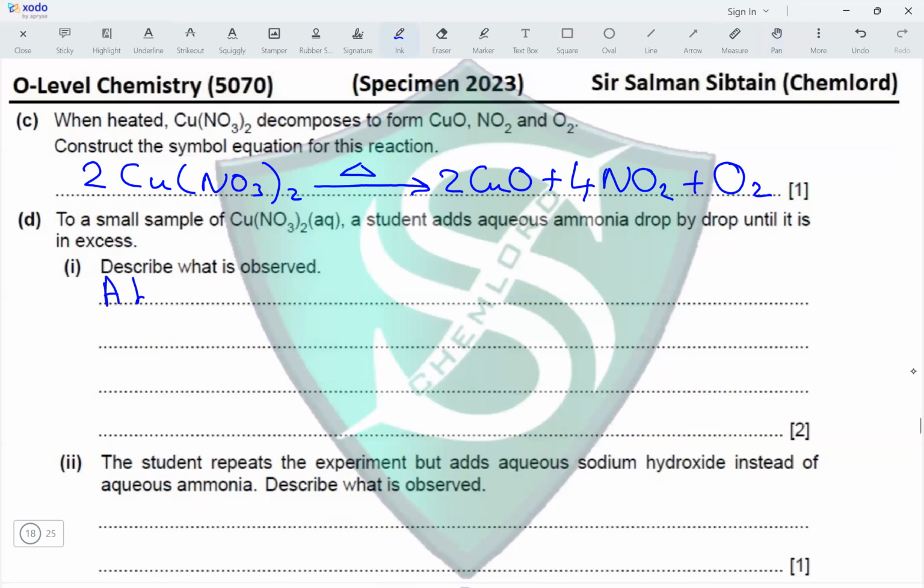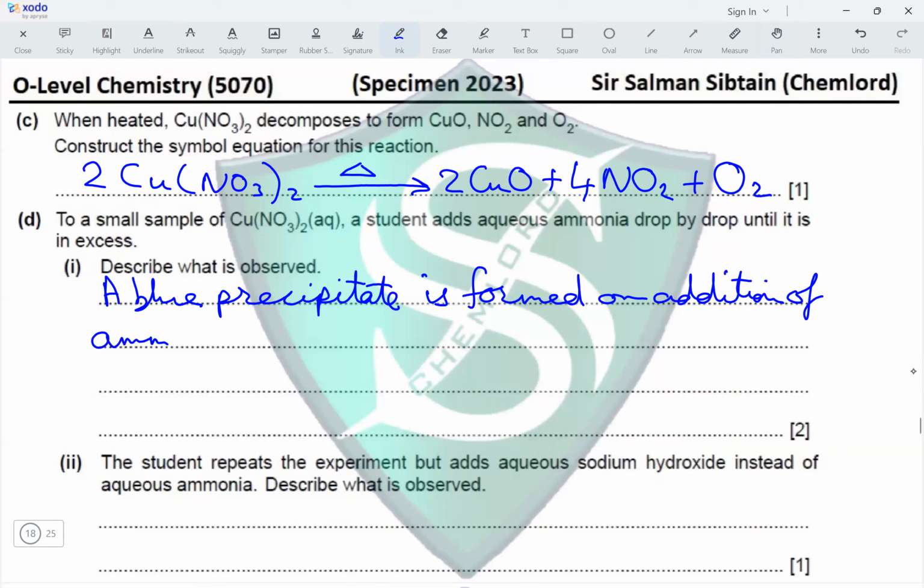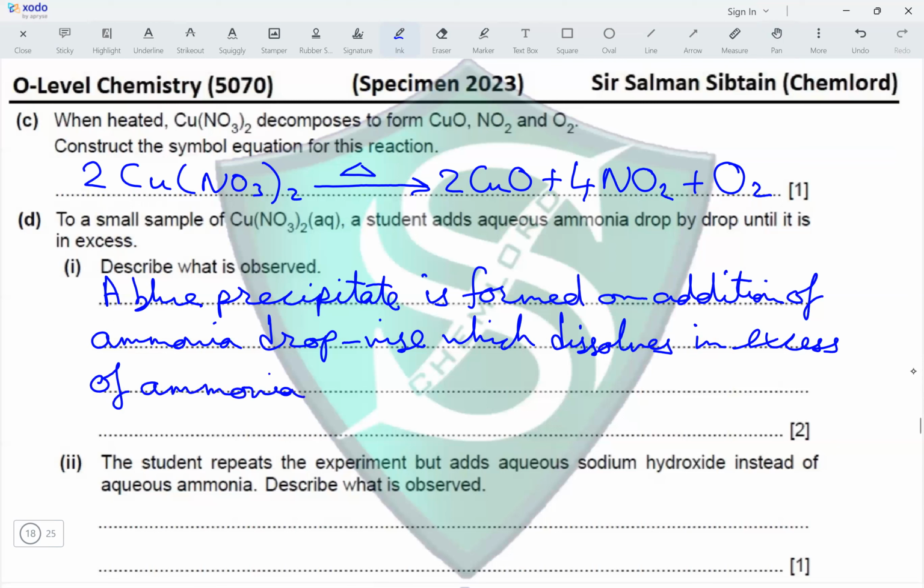So, a blue precipitate is formed on addition of ammonia dropwise, which dissolves in excess of ammonia to form a dark blue solution.